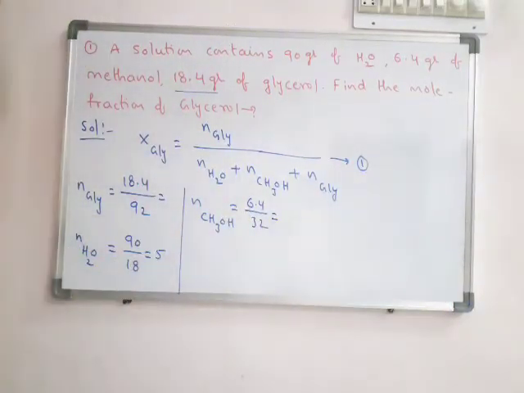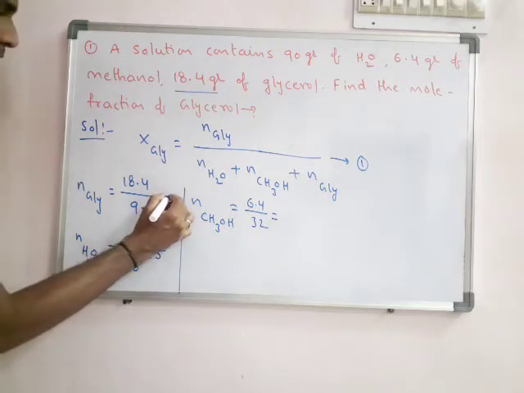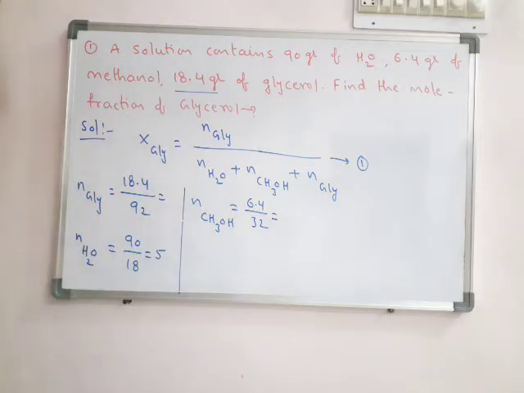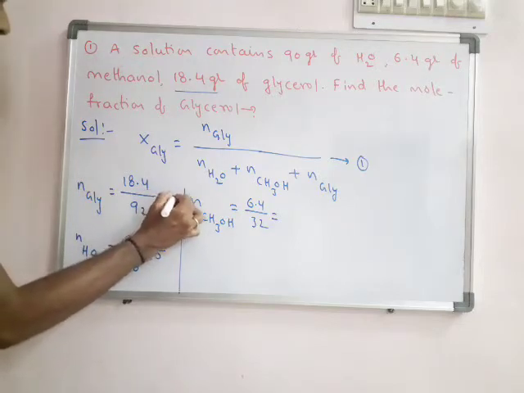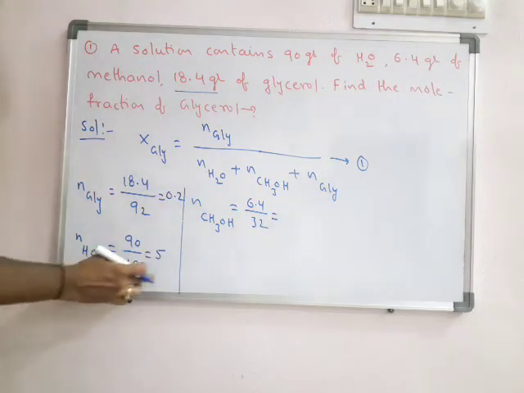So now we see these calculations. 18.4 divided by 92, here we will get 0.2. You see 5 number of moles.